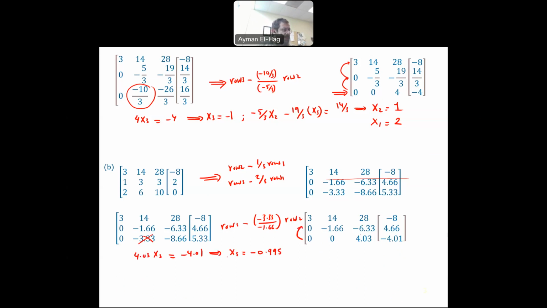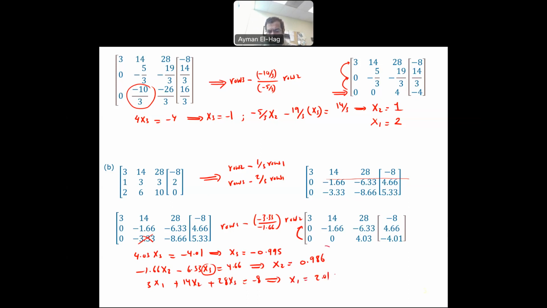Now we have minus 1.66 x2 minus 6.33 x3 equal to 4.66. So x3 is known to me. Solving this, you will get that your x2 is equal to 0.986. And finally, you solve for 3x1 plus 14x2 plus 28x3 equal to minus 8. From this, you get your x1 is equal to 2.01.